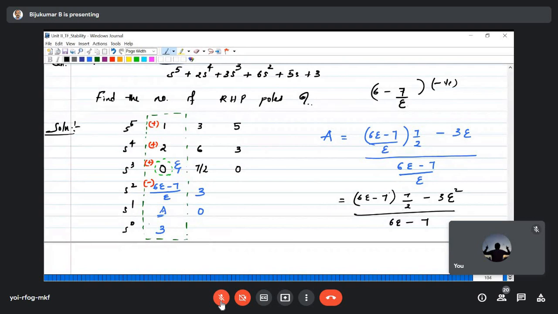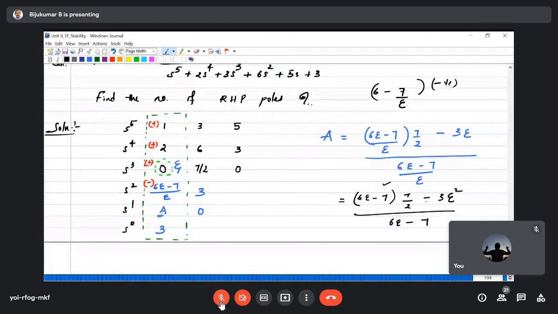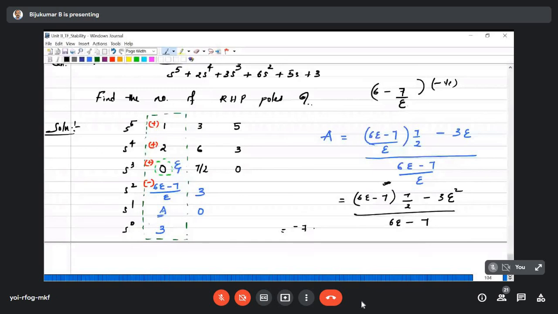Since epsilon is a small positive number, it's not like that, because the numerator becomes negative. If you solve this, 7 by 2 divided by minus 7. Obviously, the output will be positive, right?